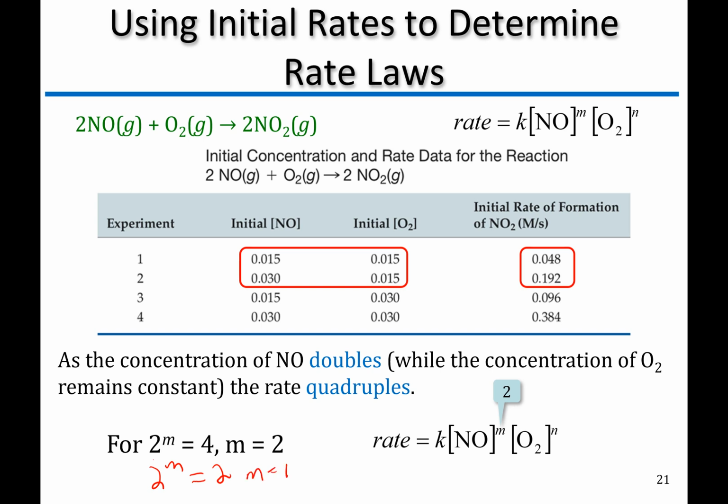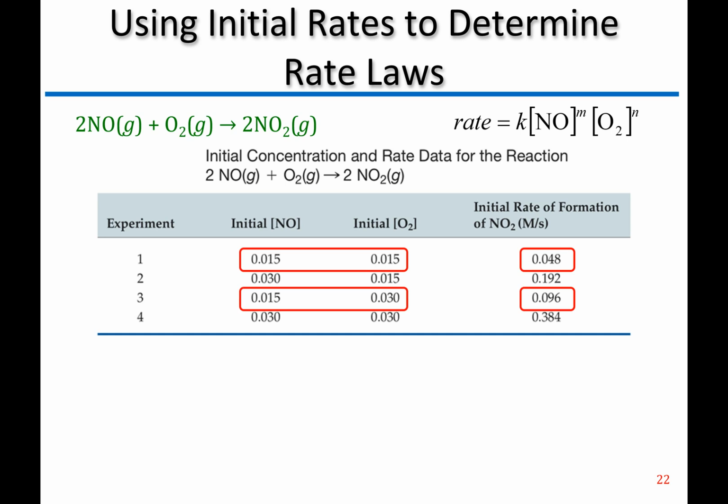It would be 1. But that's not what happened. Our reaction rate quadrupled when we doubled the concentration of NO, so m is equal to 2, and the reaction order with respect to NO is 2.